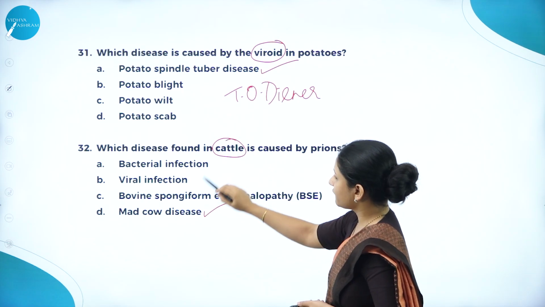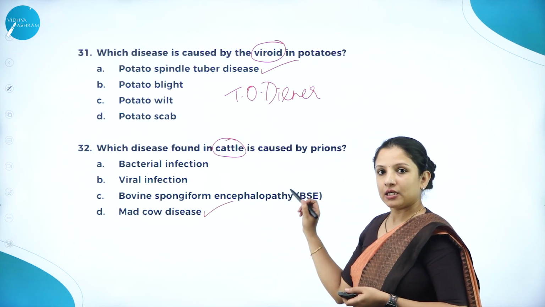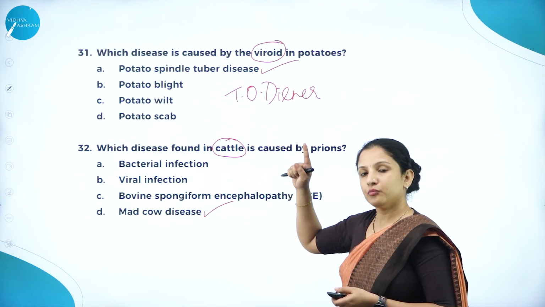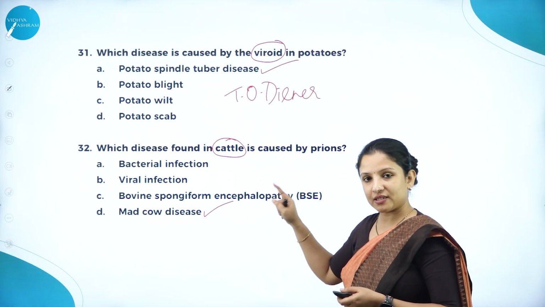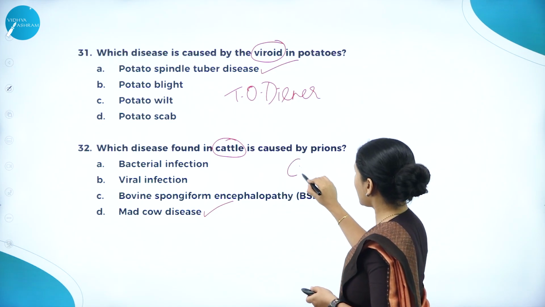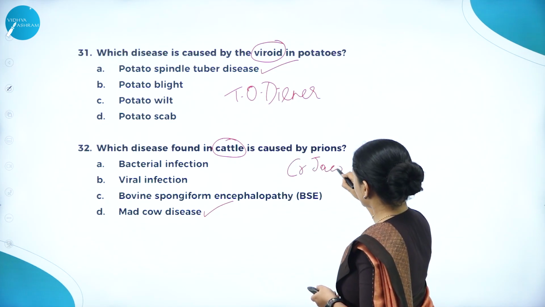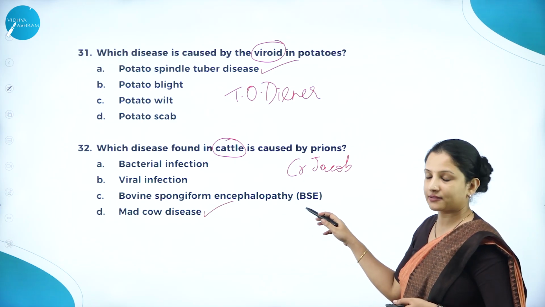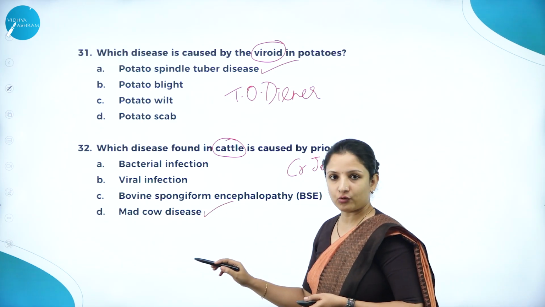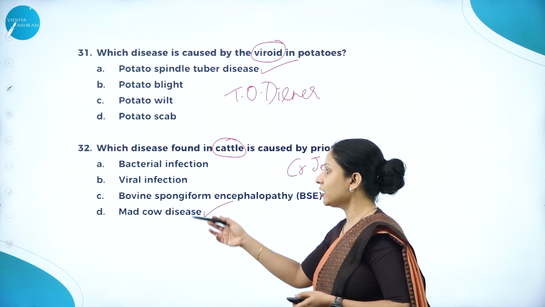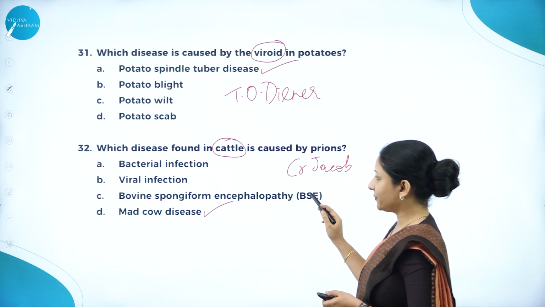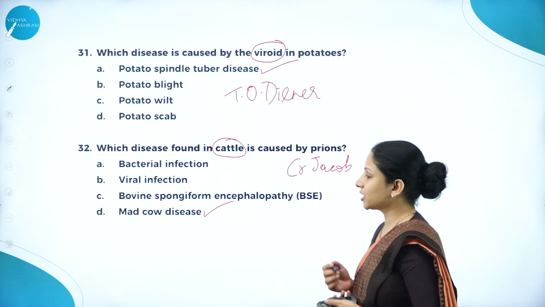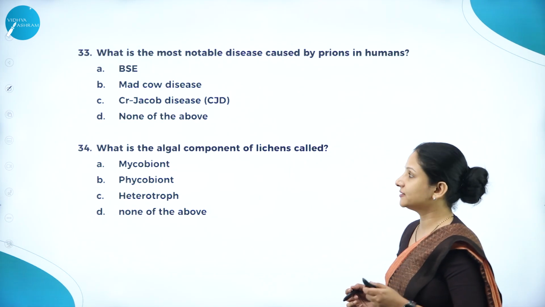Bovine spongiform encephalopathy is called mad cow disease in cattle, okay? And in humans, it is called Creutzfeldt-Jakob disease. So we can't choose bovine spongiform encephalopathy as the answer here. We have to choose mad cow disease, which is another name for bovine spongiform encephalopathy that occurs in cattle. Okay, so you have to be very careful. It's a tricky MCQ. So it is mad cow disease.